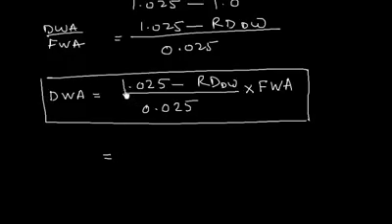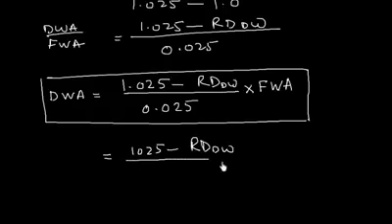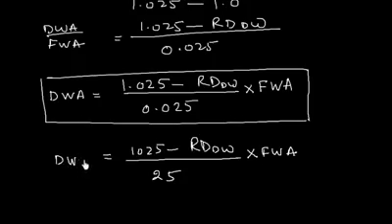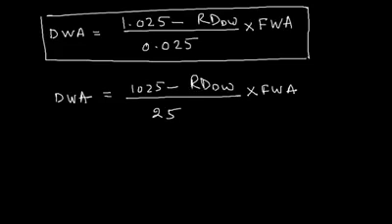We can also use this formula if I multiply both sides by 1000: 1025 minus RD dock water in multiples of 1000, divided by 25 for easy reference, multiplied by fresh water allowance. So this is the dock water allowance, which is nothing but the change in the draft.